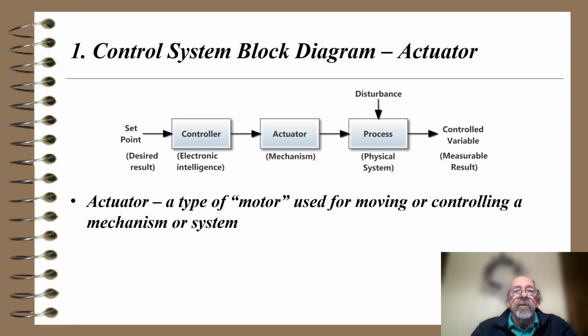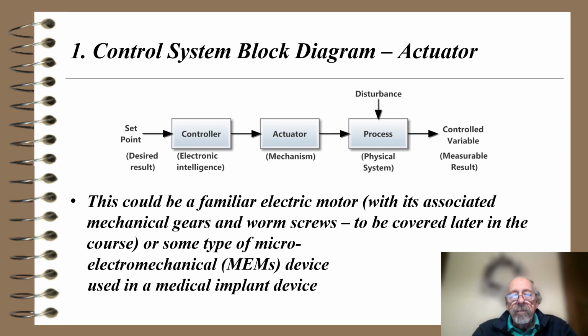Moving on, we should talk about the actuator. This is basically a type of motor used for moving or controlling a mechanism or a system. This could be a familiar electric motor with its associated mechanical gears and worm screws, which will be covered later in the course, or some type of microelectromechanical or MEMS device used in, say, a medical implant device.